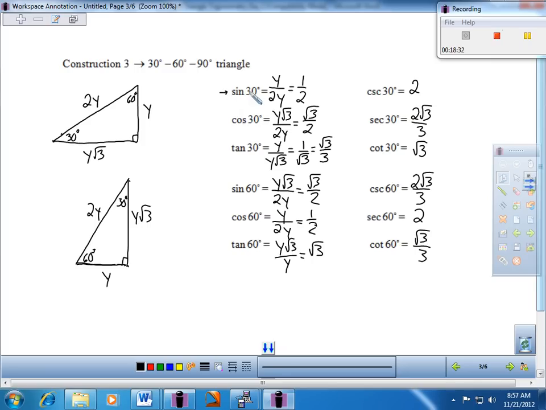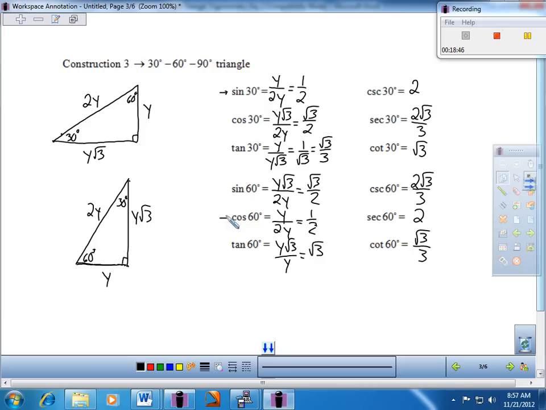Using the concept of cofunctions and complementaries, the sine of 30 should be the same as the cofunction, which is cosine of its complement. So take a look. Sine of 30 is 1/2. Cosine of 60, 1/2, of course, because remember, it relates the same two sides. Let's just do one more here.